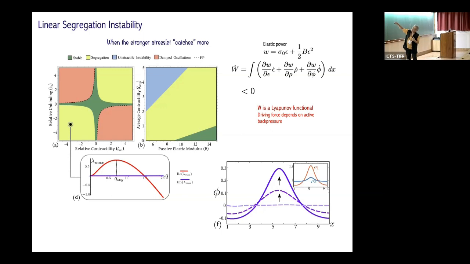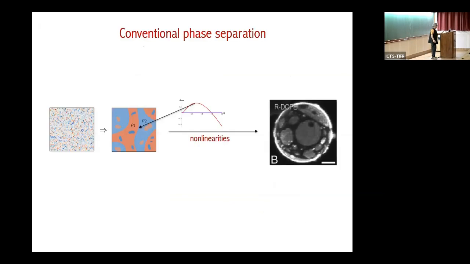But there's also a smaller maximum of the other species. So these segregated patches have a rho 1, colored in orange, but there are little tiny islands of rho 2.